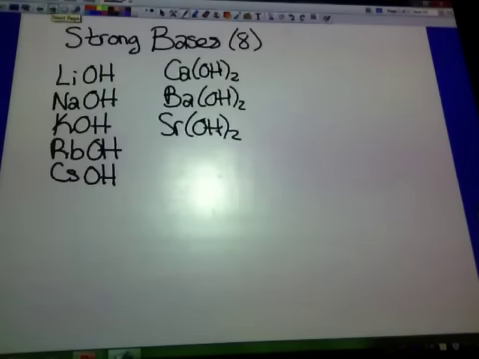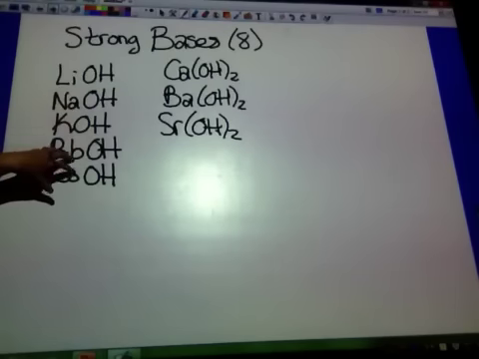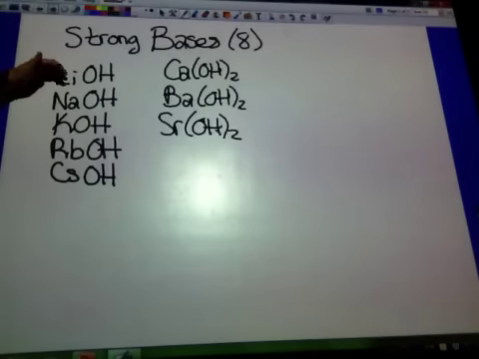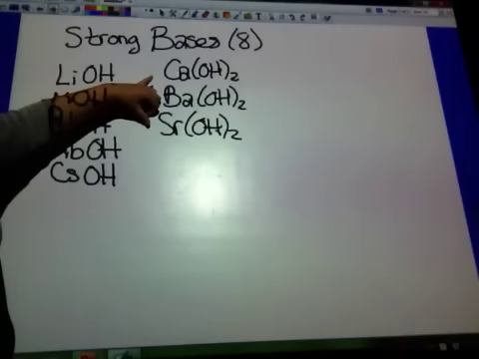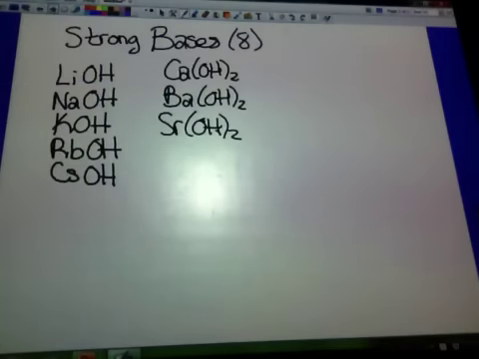And then these are your 8 strong bases. The 8 strong bases are lithium hydroxide, sodium hydroxide, potassium hydroxide, rubidium hydroxide, cesium hydroxide. All of these come from the alkali metal group. If you can remember that 5 of them come from the alkali metal group, the other 3 come from the alkaline earth metal group.